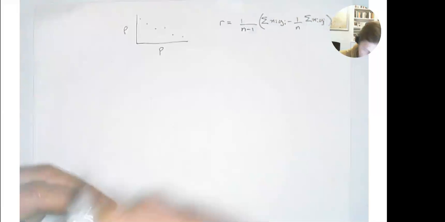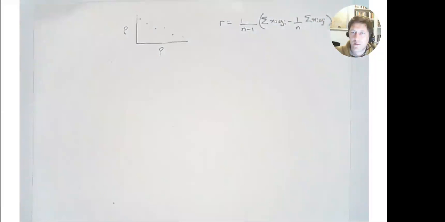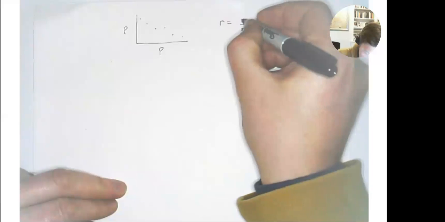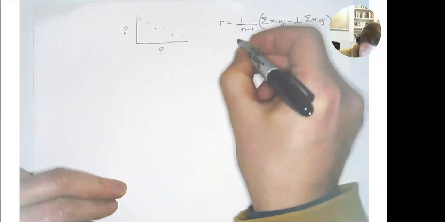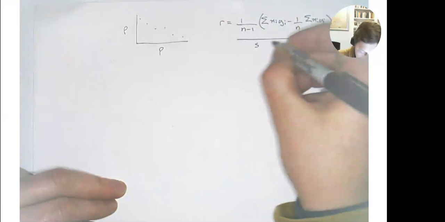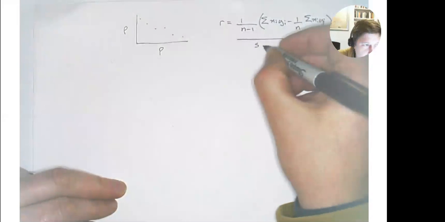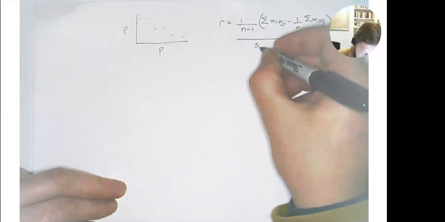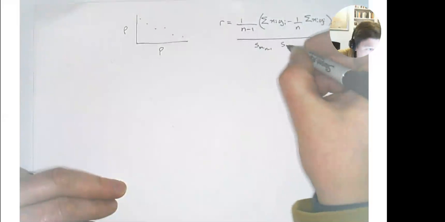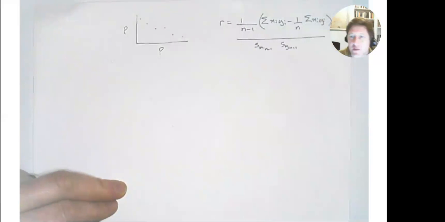Okay, so we've got our value for the correlation coefficient. That part of it is called the covariance, and then we divide that by the product of the standard deviations of our x variable, the non-biased version, and our y variable, the non-biased version, like that.